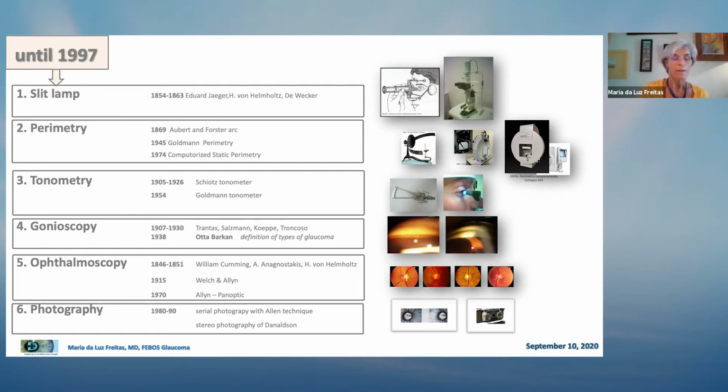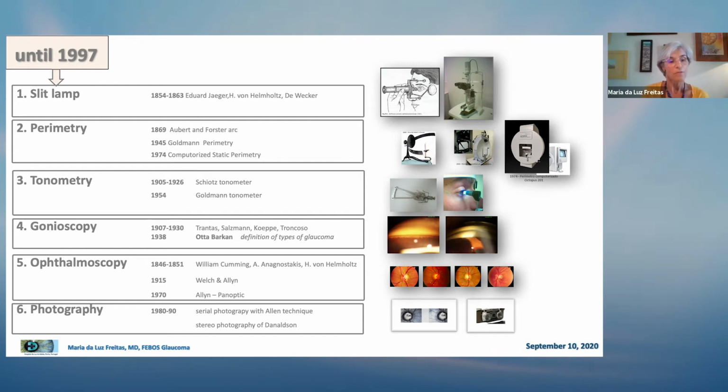Unlike today, the speed of appearance of the different observation and diagnostic devices was slow, emerging over 100 years. The first was the slit lamp at the end of the 19th century.